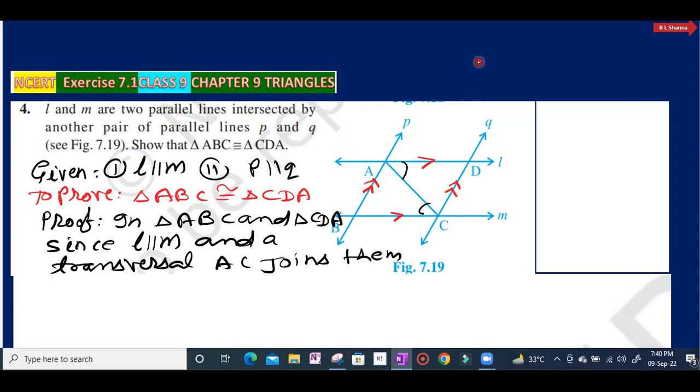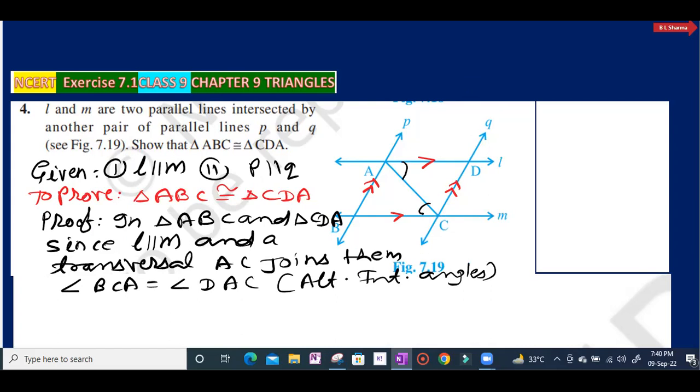These are alternate angles. So we can say, therefore, angle BCA is equal to angle BAC. These are alternate interior angles.